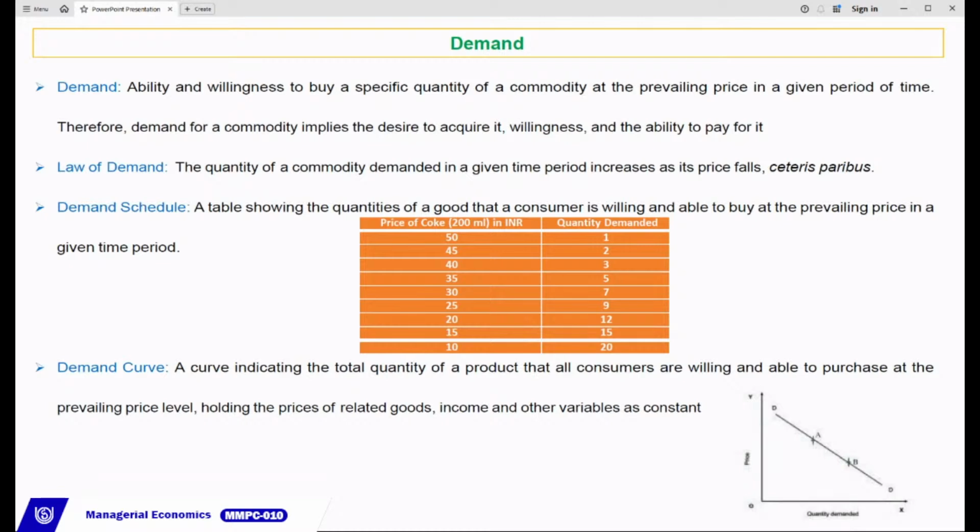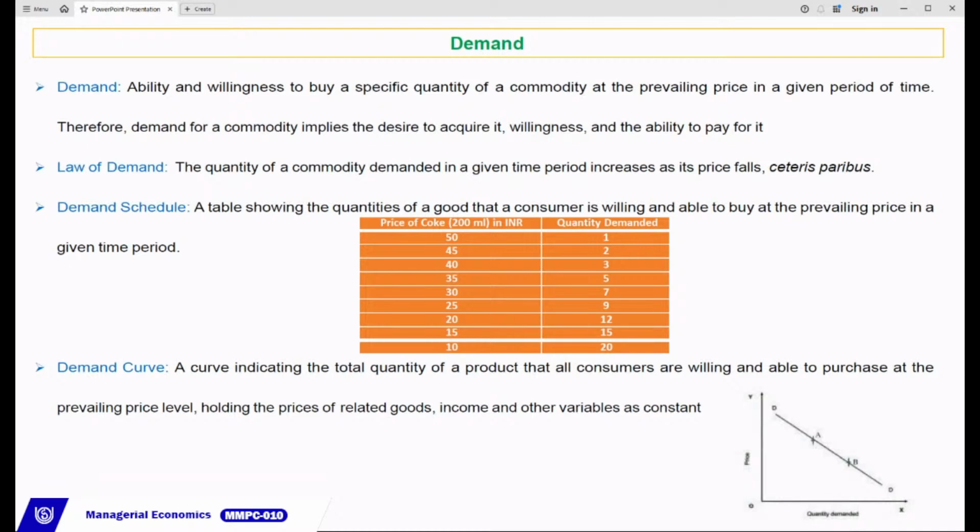The next concept is the demand curve. It is any curve showing the total quantity of a product that consumers are willing and able to buy at a particular specified price, holding all other factors which influence demand constant. That's called the demand curve.